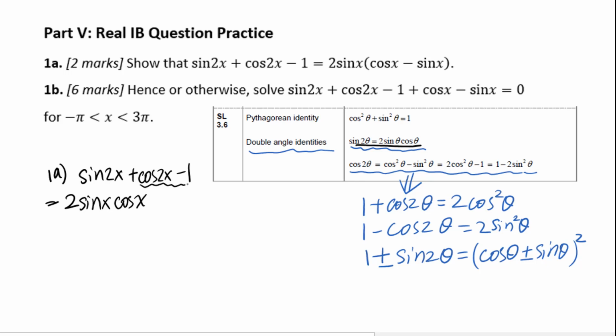For cosine 2x minus 1, we use this formula. The opposite of 1 minus cosine 2 theta is negative 2 sine squared theta, so cosine 2x minus 1 is negative 2 sine squared x.